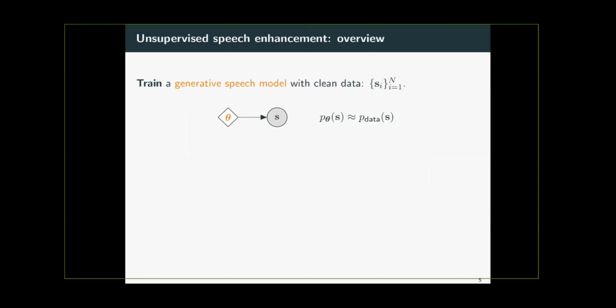So in particular, what's going to happen is that at train time, we will train a generative model with clean speech data, and we will hope that this p theta of S, which is the probability of the signal S, resembles or gets close to the actual real probability.